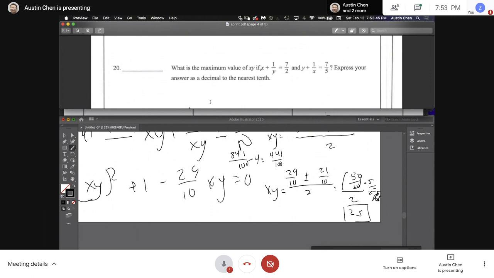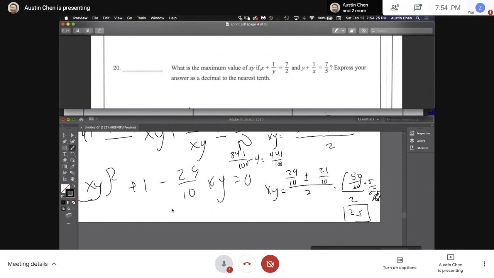Basically, if you see a MathCounts question that says put your answer as a decimal to the nearest tenth, and you got an integer answer, I think you should check your work, because of all the problems we've worked on so far, it's always been the case where you need to use that tenths place. And even if you don't need it, you should put dot zero. But if you get an exact integer answer, I think you should check your work.